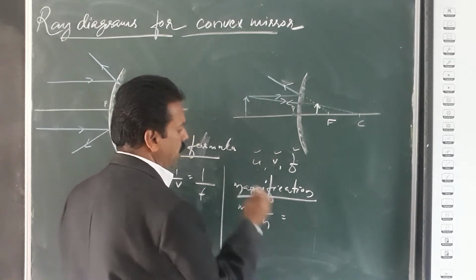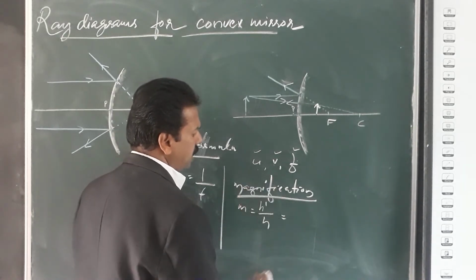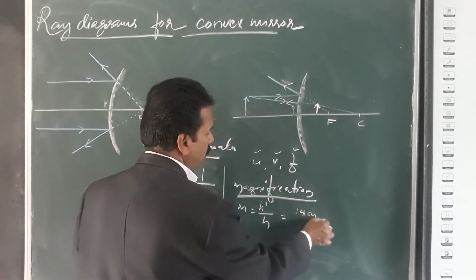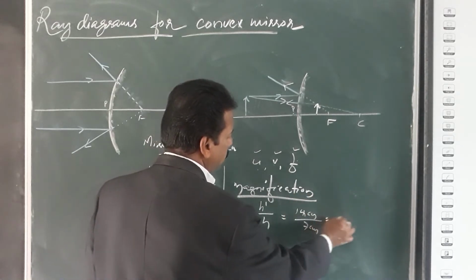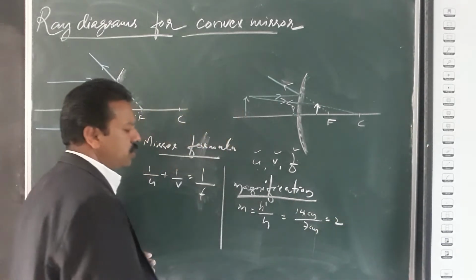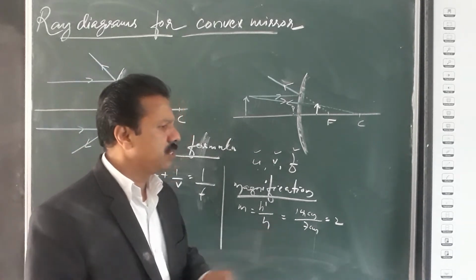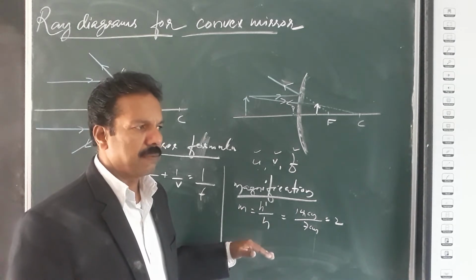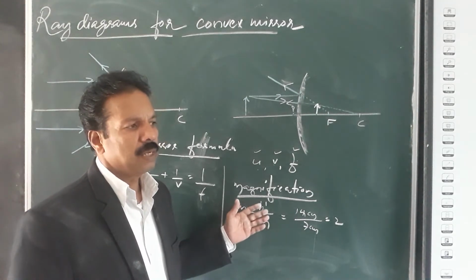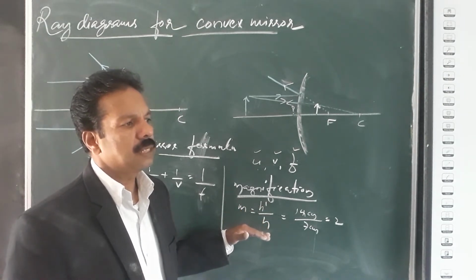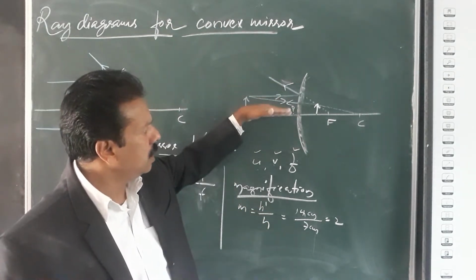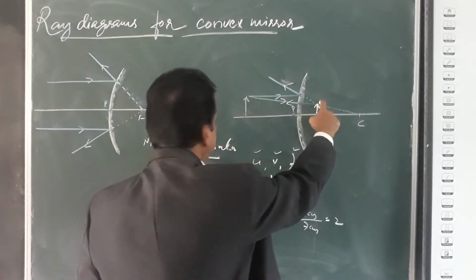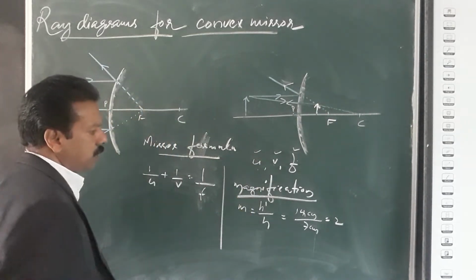For example, if the image has a height of 14 centimeters and the object is 7 centimeters in height, the magnification is 2. If the magnification is negative, the image is inverted. If the magnification is positive, the image is erect. In this case it is erect, and here also it is erect.